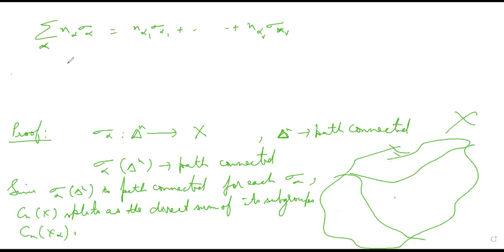Now suppose these sigma alpha 1, sigma alpha 2 are in CnX.